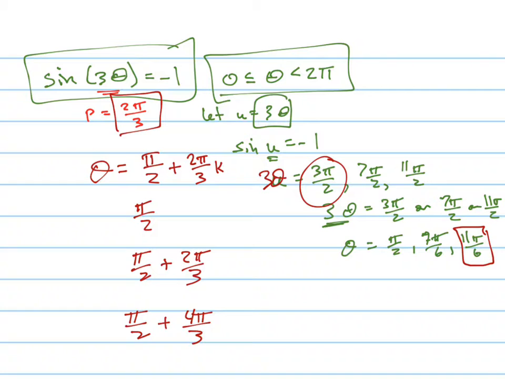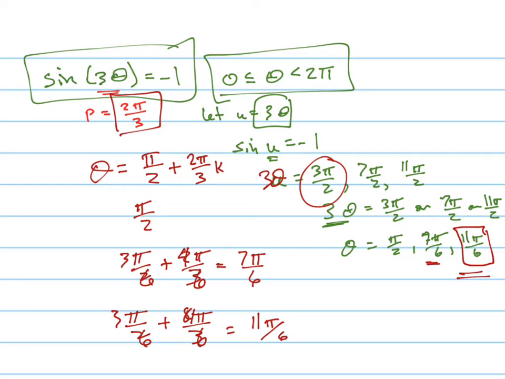You'd have to convert these to 3 pi over 6 and 4 pi over 6. So there's 7 pi over 6. And then for this one, again over 6, this would be 3 pi over 6 and this would be 8 pi over 6. So that's 11 pi over 6. You could do it that way if you want.